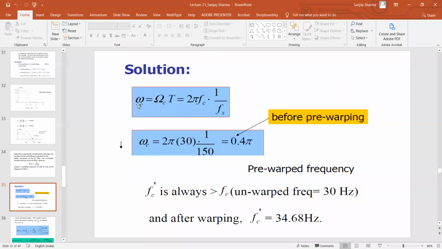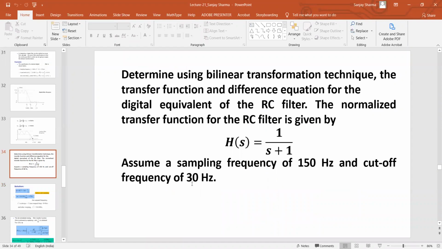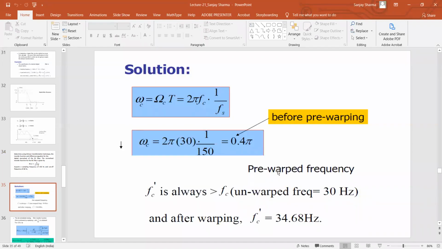So I must get omega c in terms of pi, but this is before pre-warping. Why? Because I am using a cutoff frequency of 30 hertz, which is given. So my digital frequency has to be 0.4 pi before pre-warping.